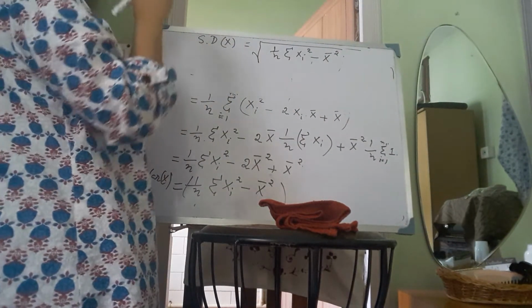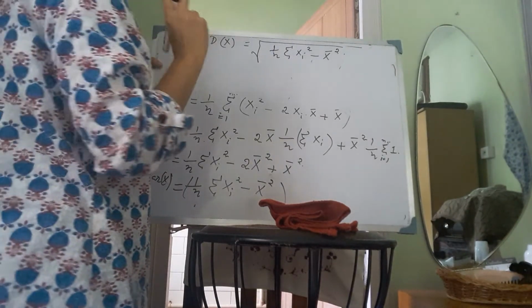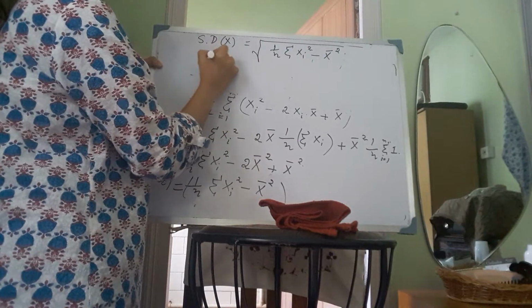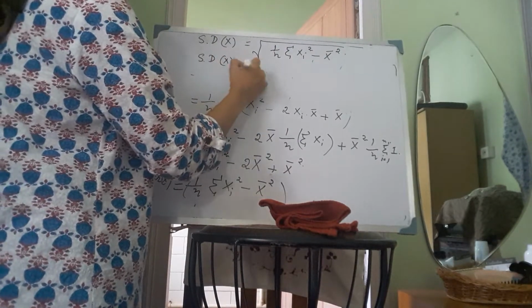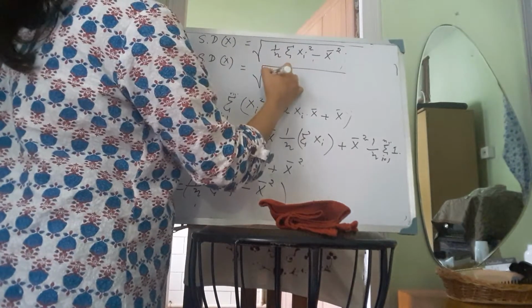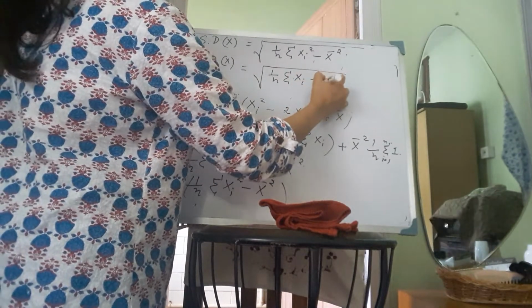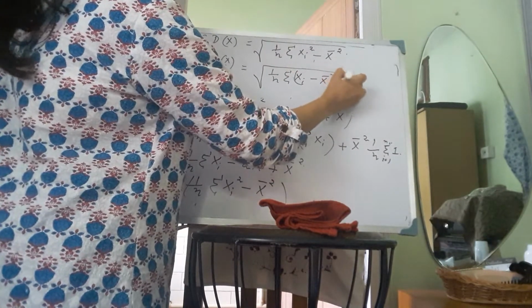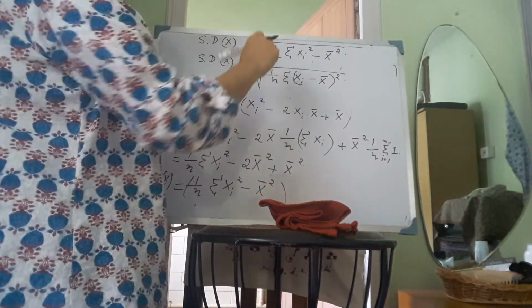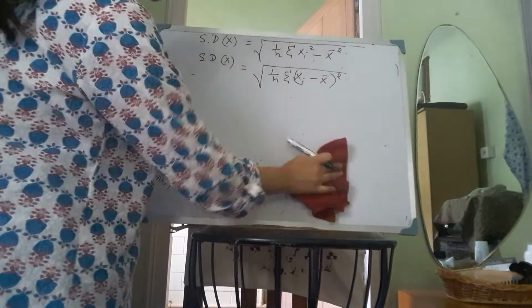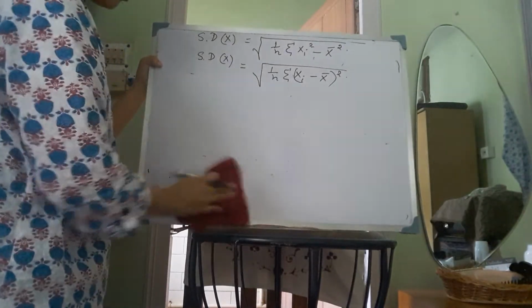So in that case we will get two formulas for standard deviation. The first formula is this, and the second alternative formula is under root of 1 by n summation of xi minus x bar square. So we can use either of these two for getting the value of the standard deviation of a variable.